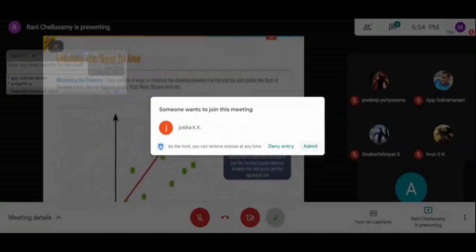So our ultimate aim is to draw the best fit line, which is called the regression line. The line should have the minimum distance between the data points and the regression line.